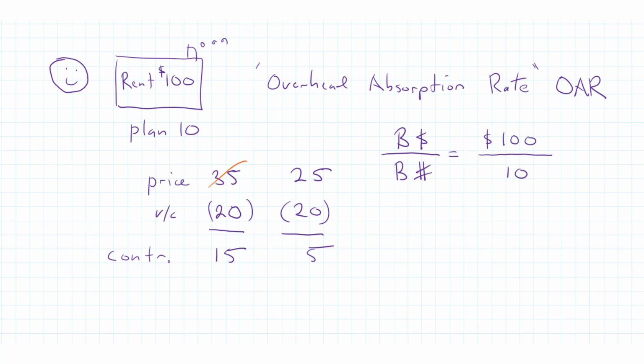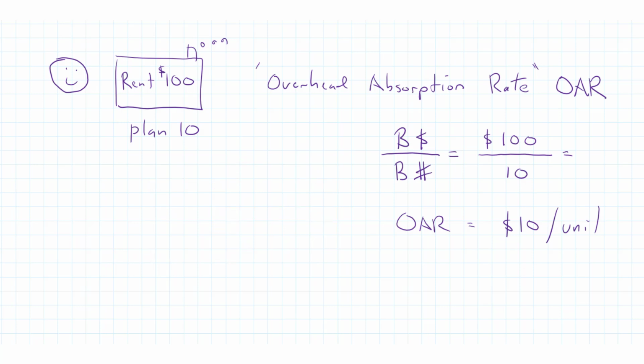Our plan is 10 bikes, so that gives us an overhead absorption rate of $10 per unit. So the variable cost per unit is $20, and the fixed overheads per unit are $10, so now we have a full cost per unit of $30.